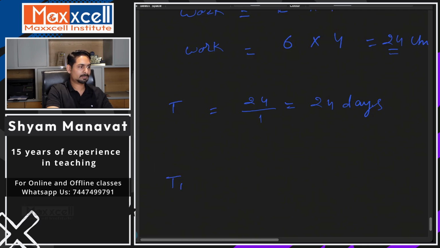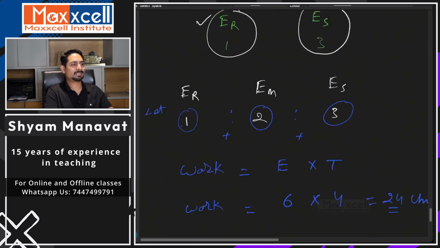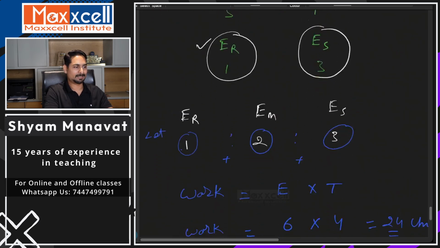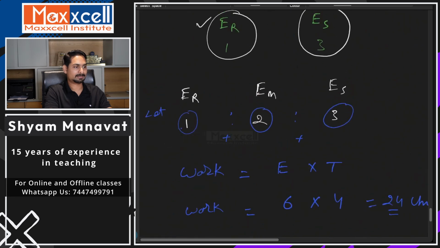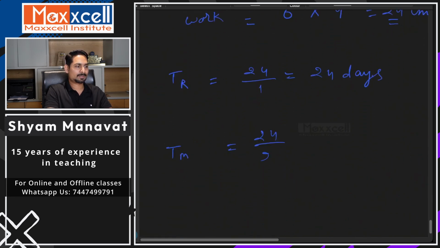Time taken by Ramesh is equal to total work divided by efficiency of Ramesh. We have taken the efficiency as 1, so divide by 1. Similarly, time taken by Mahesh will be total work divided by efficiency of Mahesh, that is 2. So here you got 12 days.